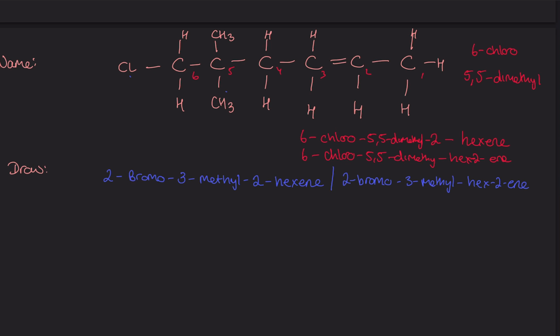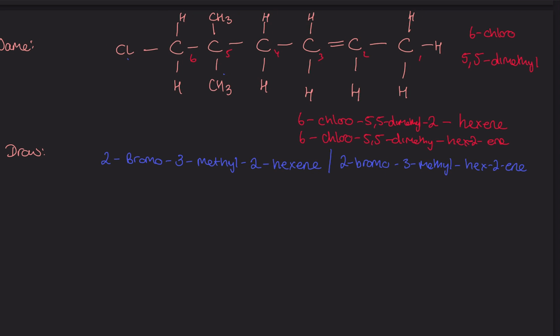Okay, so now I want you to try and attempt to draw the one that you see here. 2-bromo-3-methyl-2-hexene. And we have the second option of writing it here as well. So pause the video and try and give that a go.